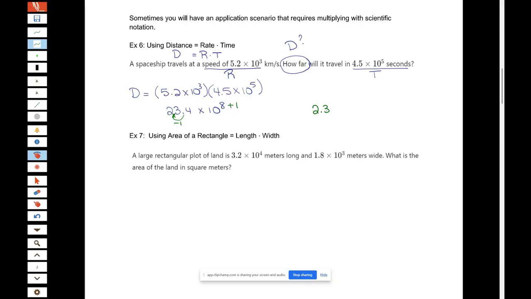So I have 2.34 times 10 to the ninth. And it says how far, that's a distance, and we are doing kilometers. So 2.34 times 10 to the ninth kilometers is the distance that would be traveled.